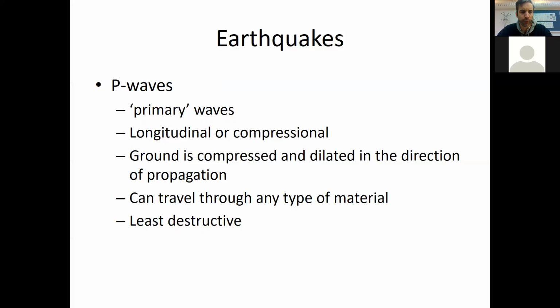As I explained before, they are transmitted by this compression and dilation process. And the material, in this case the Earth crust, moves in the direction in which the wave is propagating. So if the wave is propagating in that direction, then the materials are shaking back and forth also in that direction, okay? These waves can travel through any type of material, and they are not very destructive.